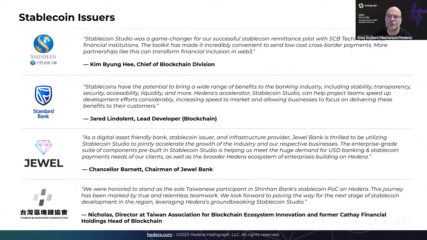There's a stablecoin being issued in the Philippines, and we have a number of other stablecoin initiatives building on the Hedera network, either on top of Stablecoin Studio or as a result of Stablecoin Studio being tried out and discovered by those projects.